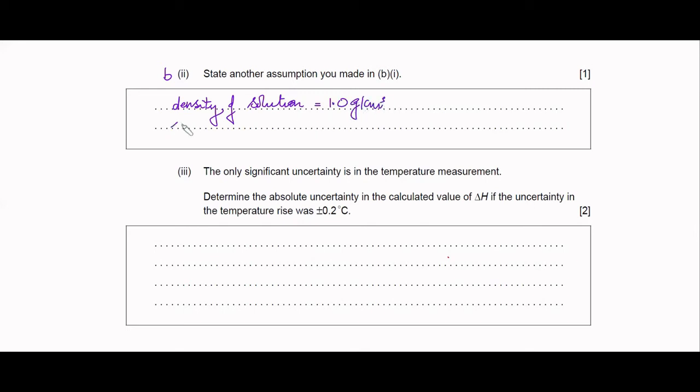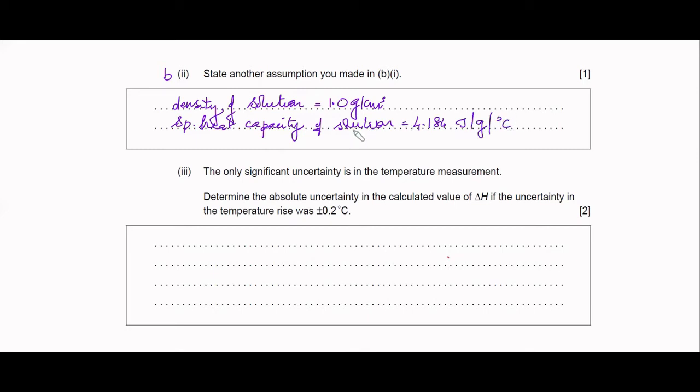Then the specific heat capacity of water is actually 4.184 joules per gram per degree Celsius. But here we are assuming that the specific heat capacity of the solution is equal to 4.184 joules per gram per degree Celsius. These are two assumptions we had made.